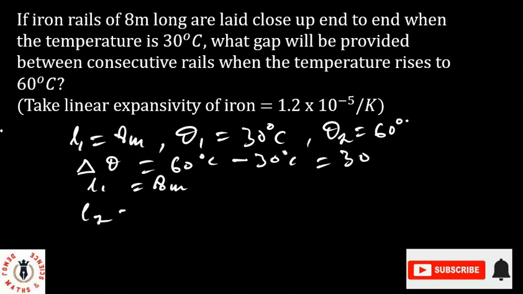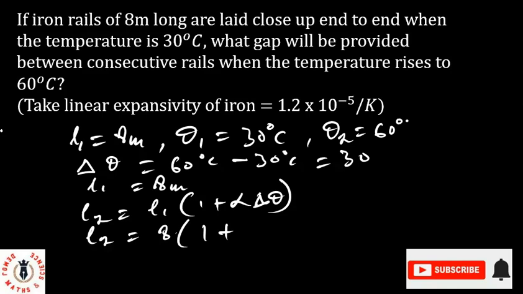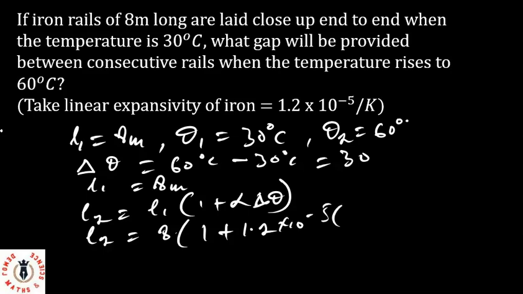Now the initial length L1 equals 8 meters. L2, we know, is equal to L1 into (1 plus alpha times the change in temperature). So L2 here will be equal to L1, which is 8 meters, into 1 plus alpha, which is given as 1.2 times 10 raised to the power minus 5, the linear expansivity of the rod, times the change in temperature, which is 30.